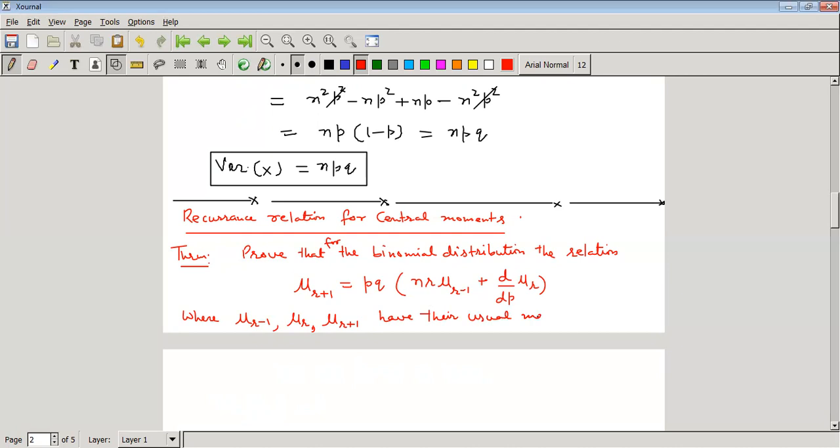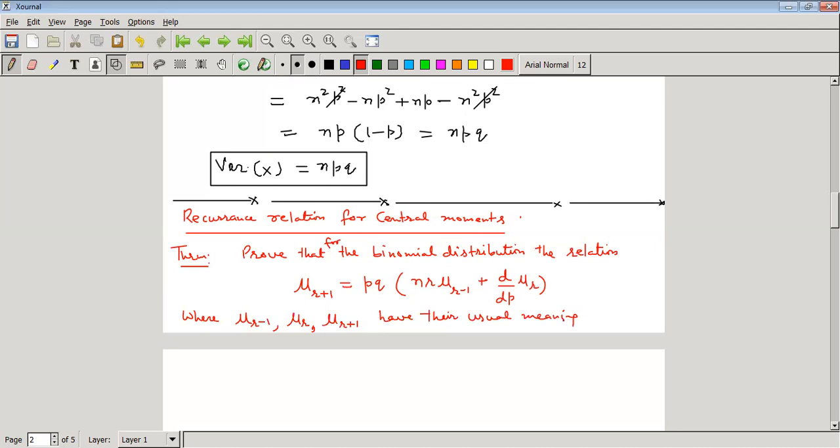Usual meaning: they are moments about mean, or we call them central moments. This is r minus 1th moment about mean. This is rth moment about mean. This is r plus 1th moment about mean.